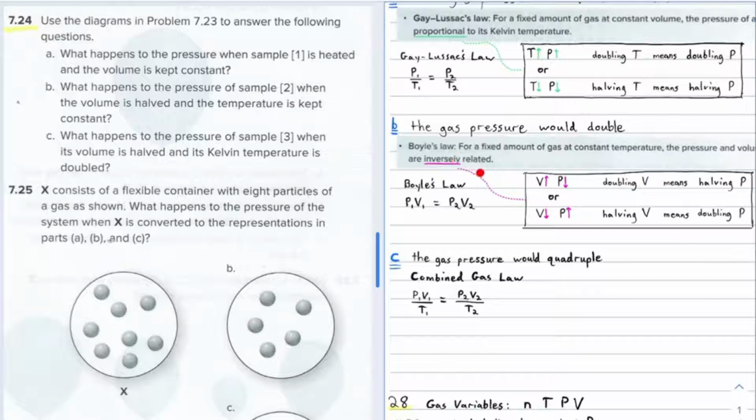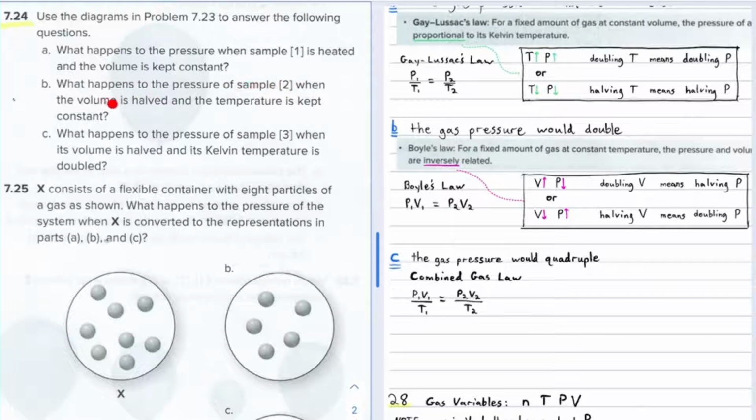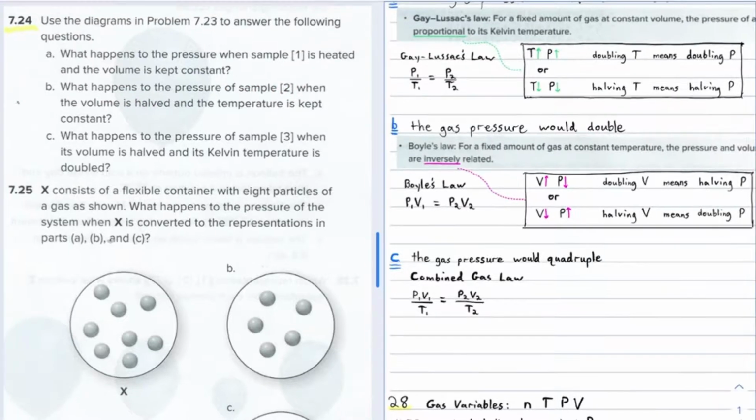Inversely related is different. When one goes up, the other one goes down. So if you double the volume, you're going to cut the pressure in half. And likewise, if you cut the volume in half, you would double the pressure. That's Boyle's law. Here's a mathematical statement of Boyle's law. In this case, we're told that the volume is cut in half, and so the pressure would be doubled. The gas pressure would double. That's a typical Boyle's law problem.